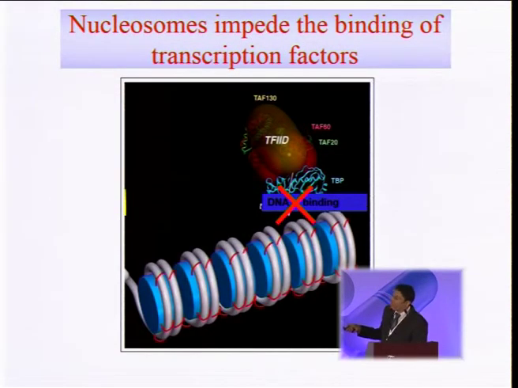As I said, this structure is a repressive structure. Many transcription factors that are required to turn a gene on can no longer bind when histones are bound to DNA. So transcription factor TFIID, for example, cannot recognize the TATA box, and hence RNA polymerase is no longer recruited to activate this particular gene.